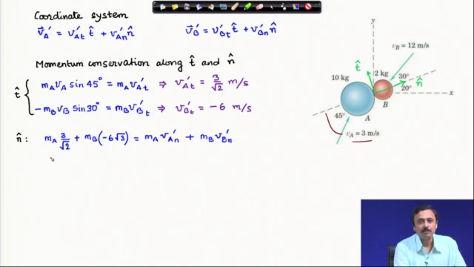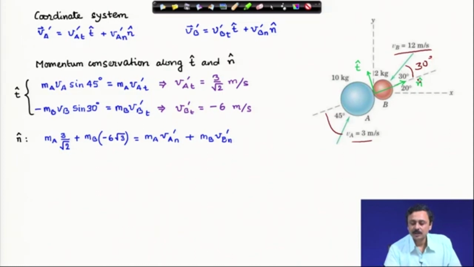that is the incoming linear momentum of particle A in the normal direction, plus the incoming linear momentum of particle B in the normal direction. Particle B's velocity is this. This angle is 30 degree.